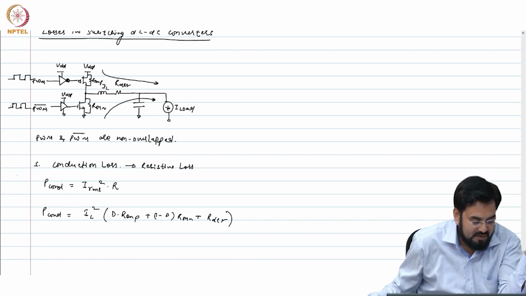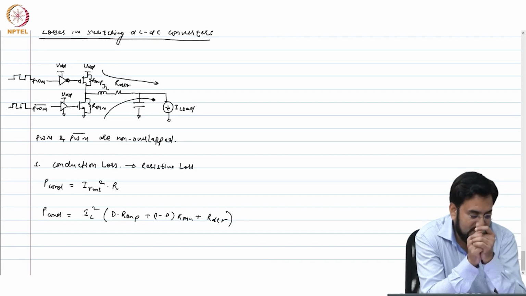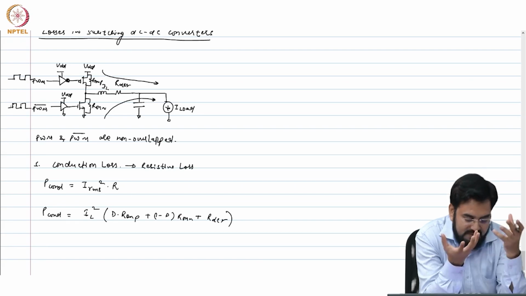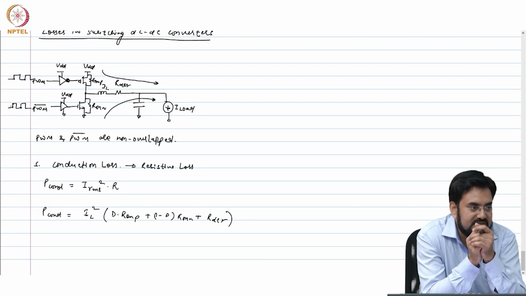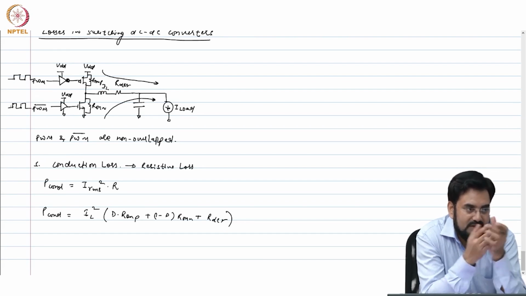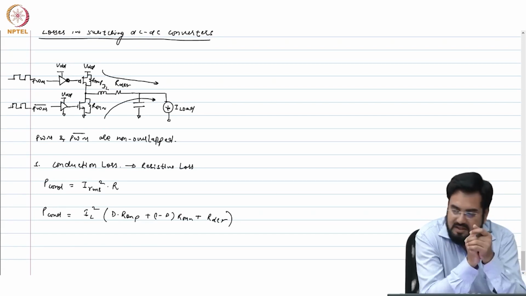So depending upon how much conduction loss you can afford, you have to size your power FET according to that. So you have to budget your losses first. Let's say your target is 90% efficiency, which means the total loss you can afford is 10% of the power you are delivering. Let's say I deliver 1 watt, which means roughly 100 milliwatt you can afford to lose in the power stage.